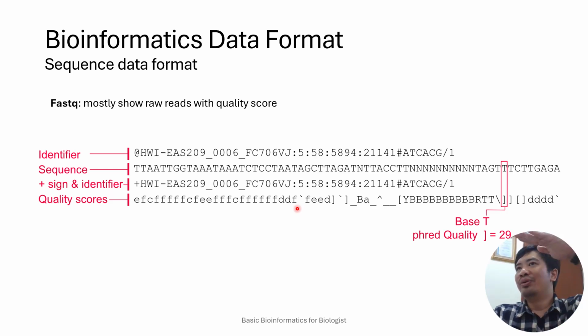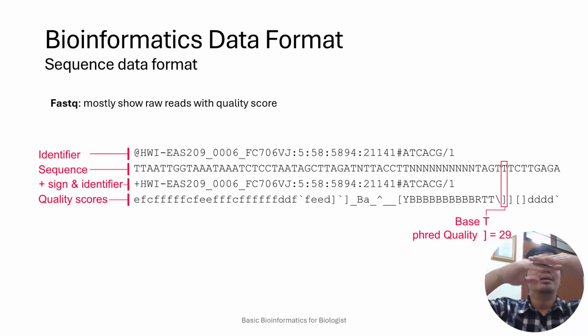When you perform the assembly, they will also use the quality for scoring, whether this assembly makes sense or not. If they are not sure about the sequence, they see the score of the sequence. That's why we keep the quality data in the FASTQ file.